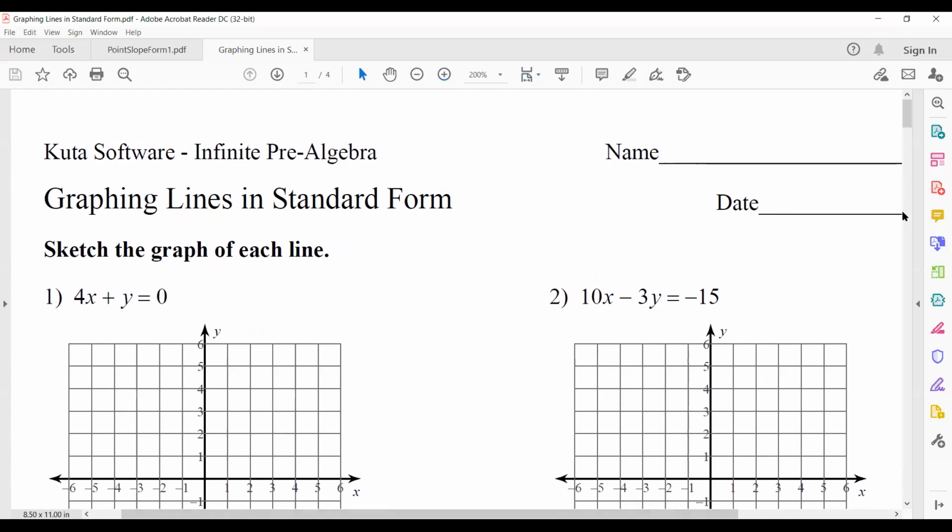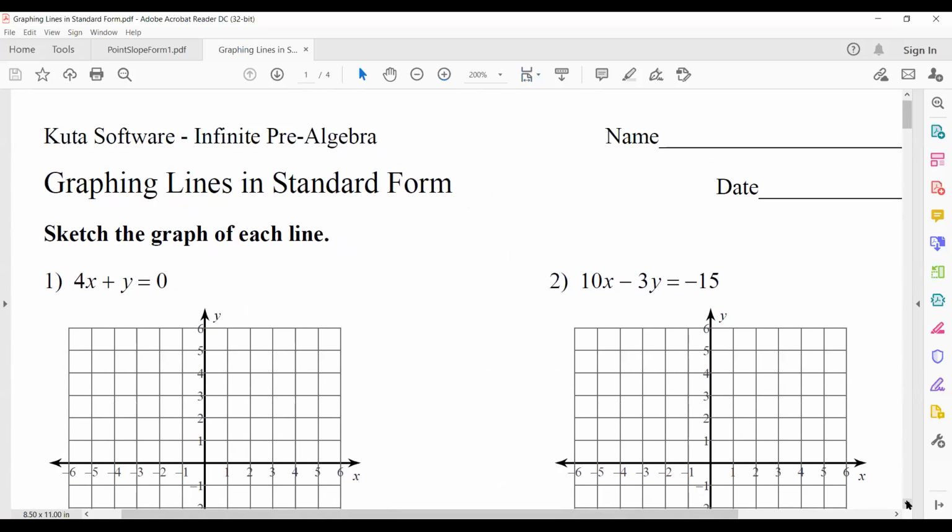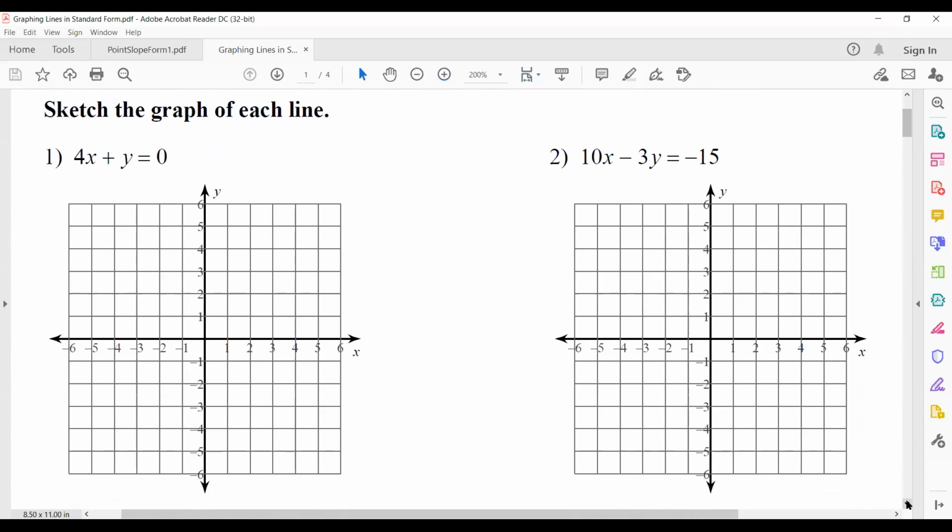Remember, in standard form we don't have the slope identified. We don't have the y-intercept, so we don't even know where to begin. That conversion, if I solve all of these for y, will work every single time.